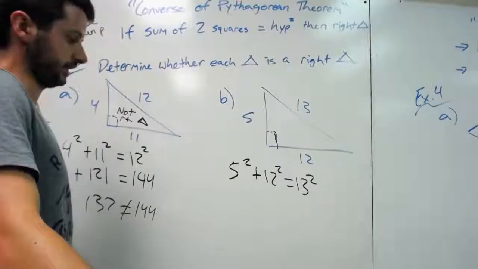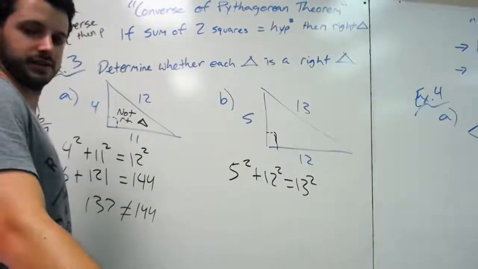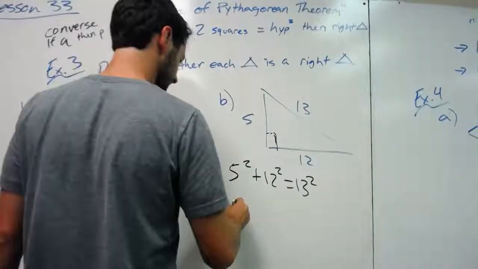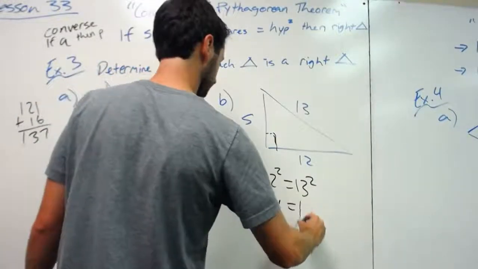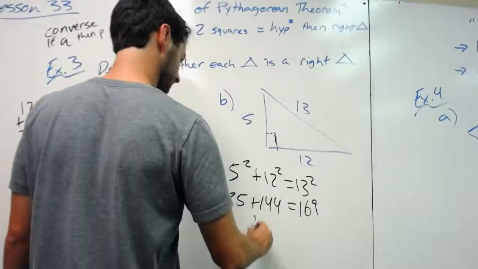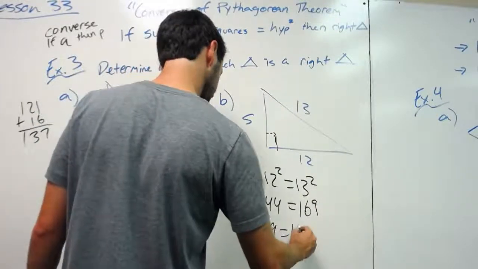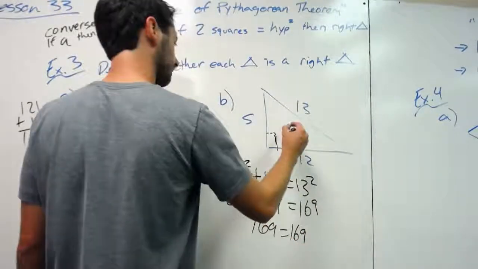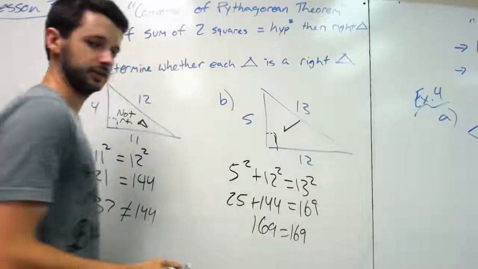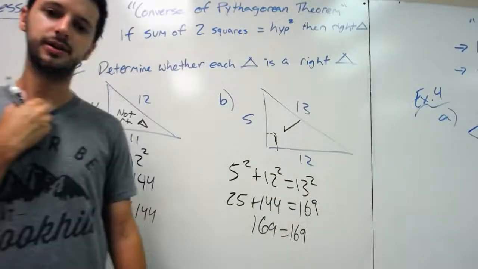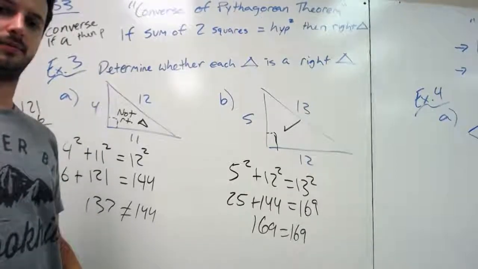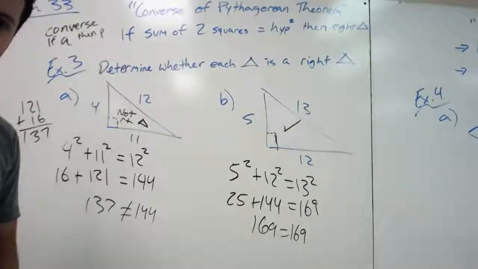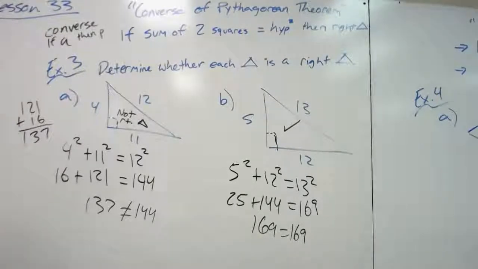And then from there, we see if it works. 25 plus 144 equals 169. Add those together to be 169, and it equals 169. Therefore, it is a right triangle. So that's how you use converse of the Pythagorean theorem. You simply work it backwards. We see if it does fit into the Pythagorean theorem.